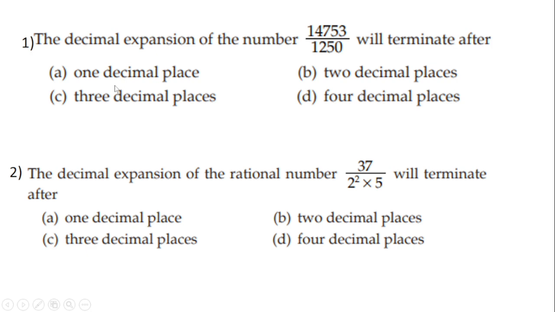Okay, let's start. See, the first MCQ is: the decimal expansion of the number 14,753 upon 1,250 will terminate after, options given: 1 decimal place, 2 decimal places, 3 decimal places, and 4 decimal places.